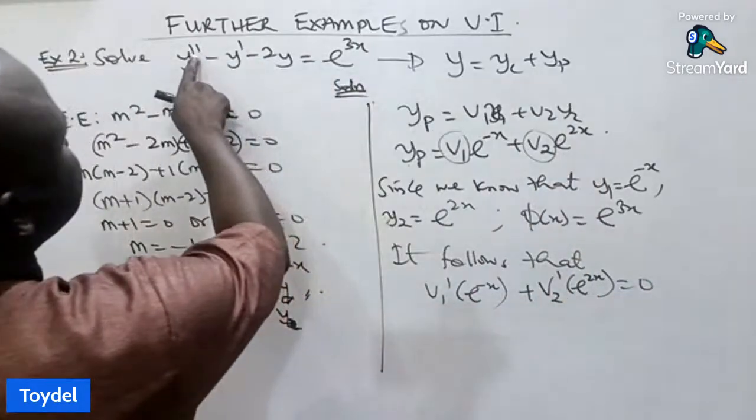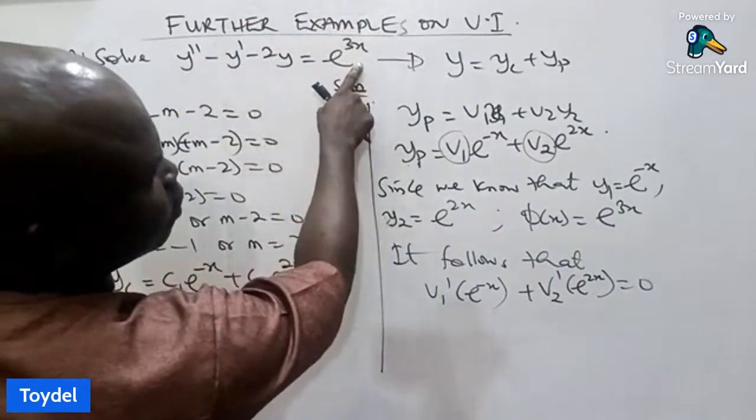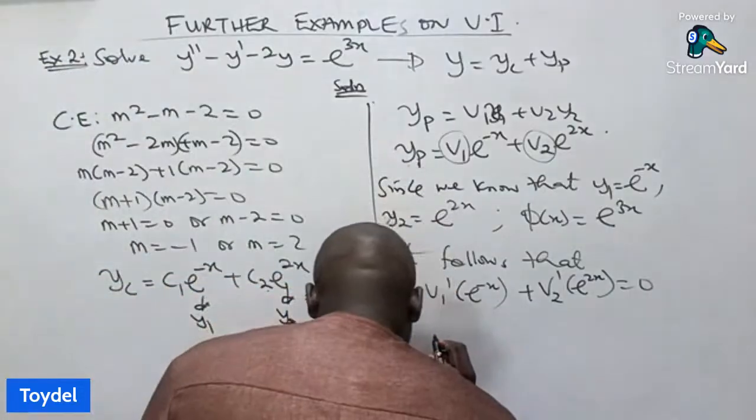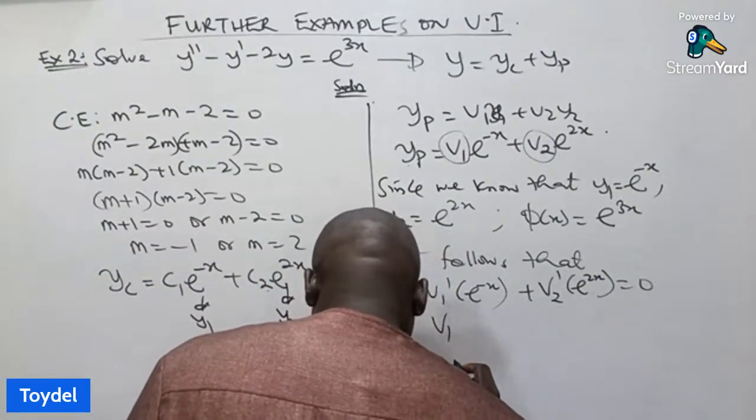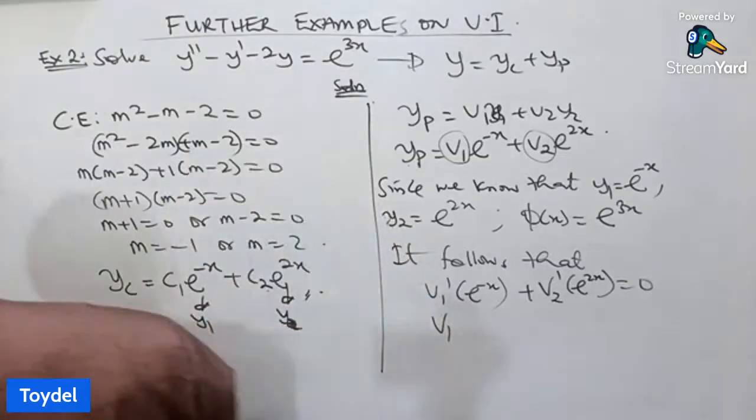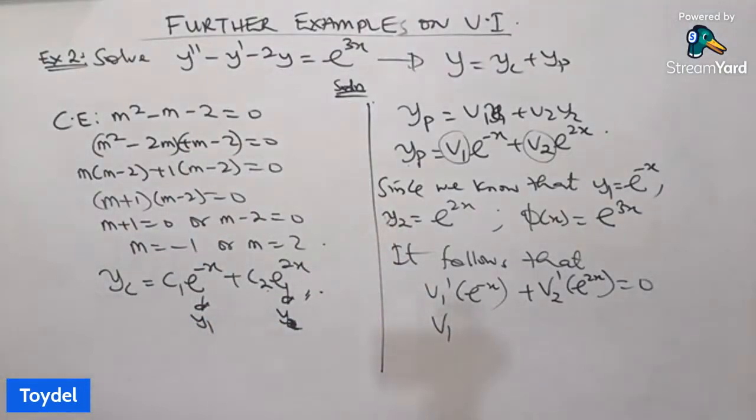Then for the second one, we differentiate y1 and y2 and set it equal to the right hand side.